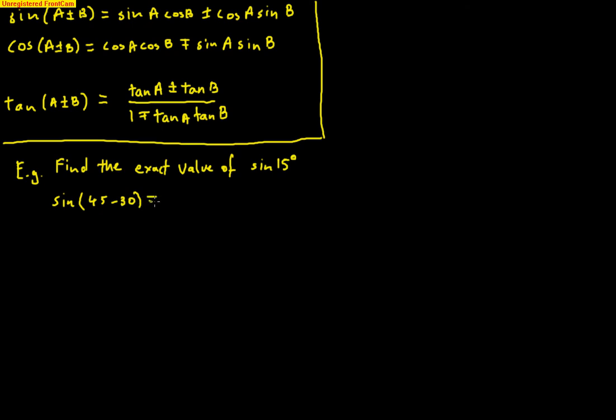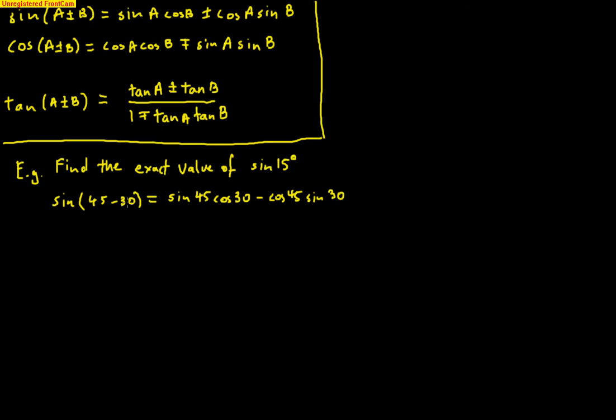Now, using our difference formula above, we can go sine of 45 cos of 30. My sign here doesn't change, so minus cos of 45 sine of 30.